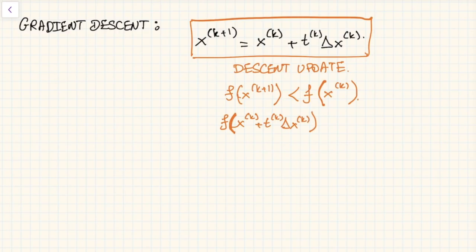Oh, by the way, we didn't define t and delta. Right now we're in a general descent algorithm. Delta is actually referred to as the descent direction, and t is a step size that you choose according to some line search. We're going to talk about line searches a bit later. But what I'm more concerned with right now is the descent direction.